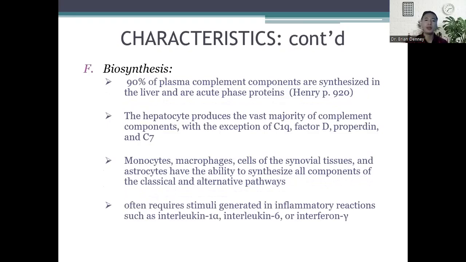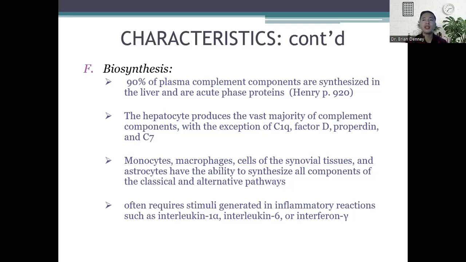90% of your complement proteins are synthesized in the liver and are considered acute phase proteins. Why acute phase proteins? Because acute phase means inflammation.